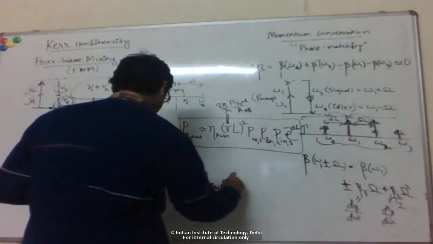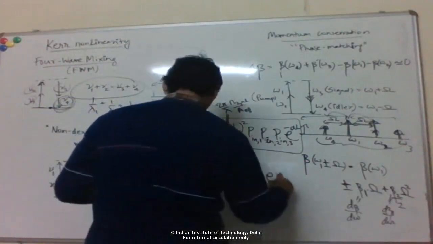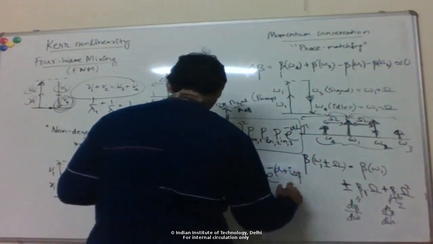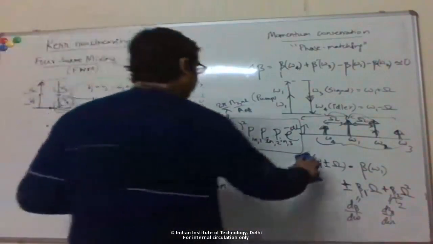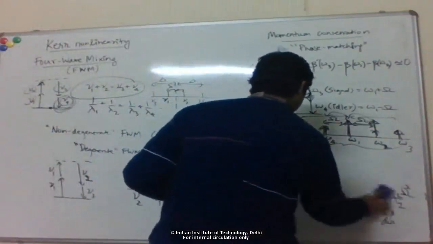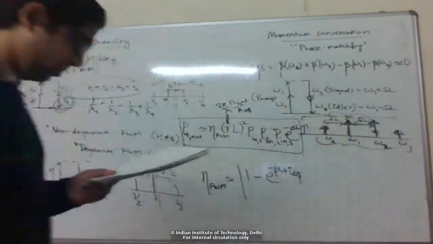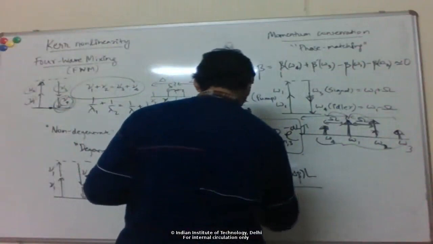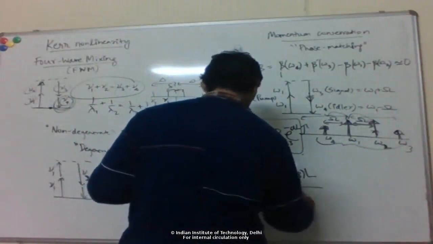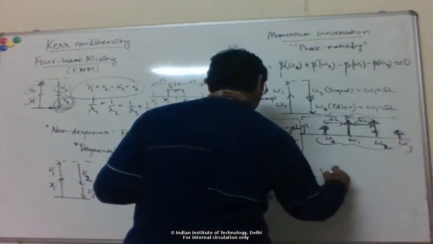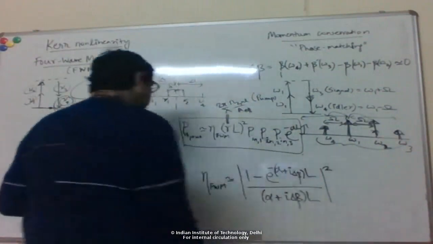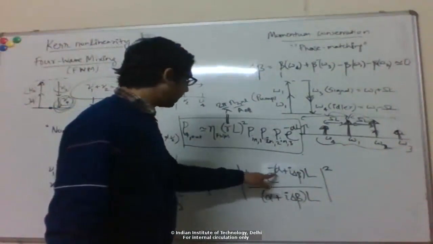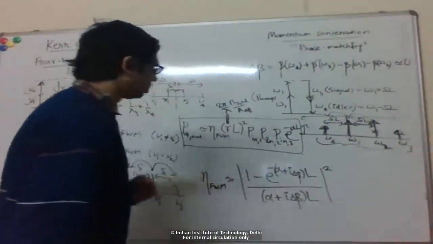can be written as, okay. So you can see that we have exponents here for alpha and delta beta.